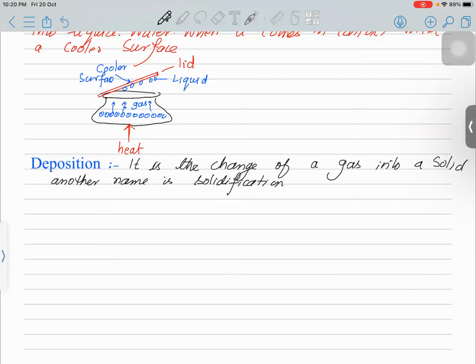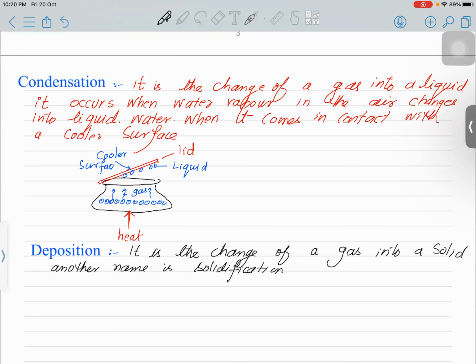Yes, sir. Tell me, why does deposition happen? Sir, for example, in sublimation the solid particles lose the force of attraction too quickly. In this one, they gain it too fast. So deposition is the reverse process of sublimation.